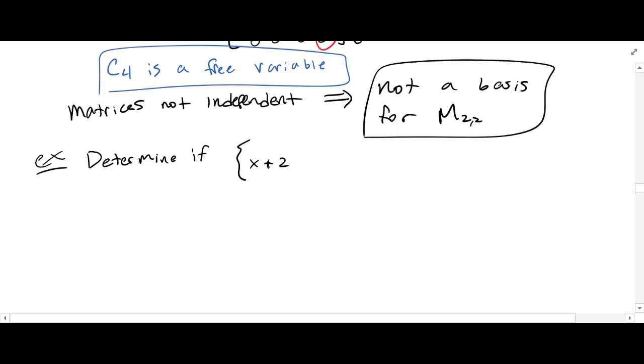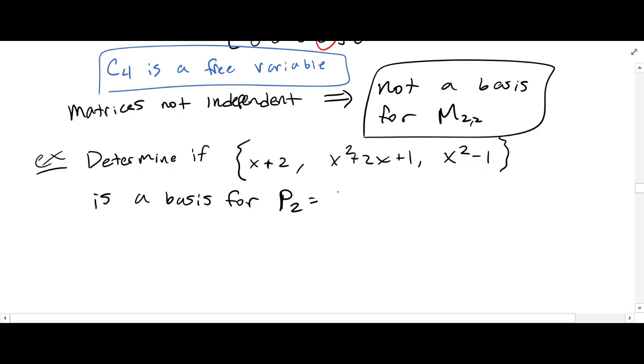Determine if this set of polynomials is a basis for P2, which is the vector space of all polynomials of degree 2 or lower.